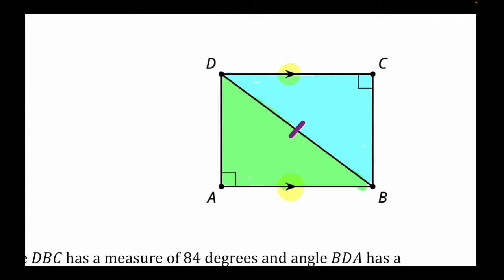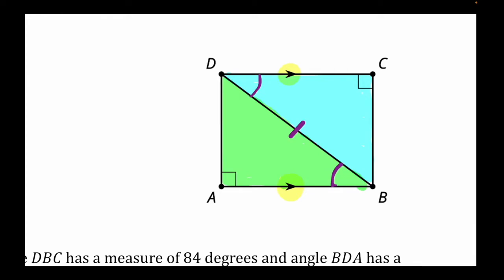Since I have parallels, that gives me the big hint that I can probably use some alternate interior angles. So I know that in order to be an alternate interior angle, my angle has to touch my parallel lines and the transversal. So that means I would have to have this angle here and this angle here. So those are the ones I'm going to mark. I'm going to say this angle is congruent to this one, and I know that by alternate interior.